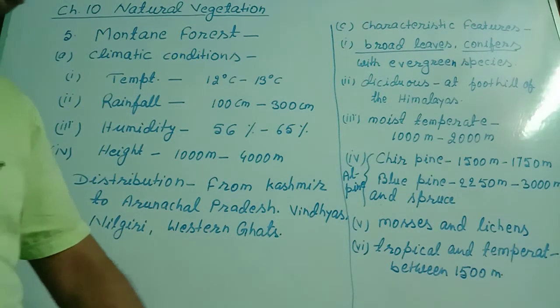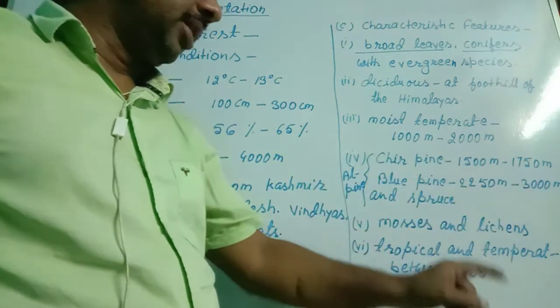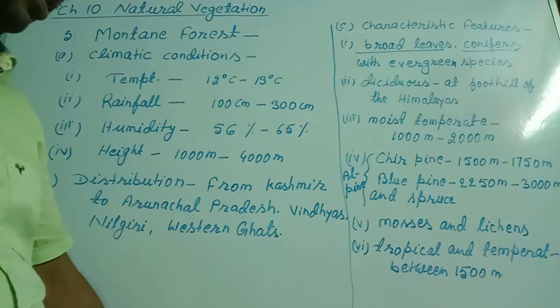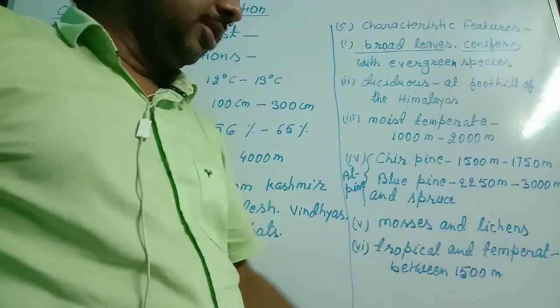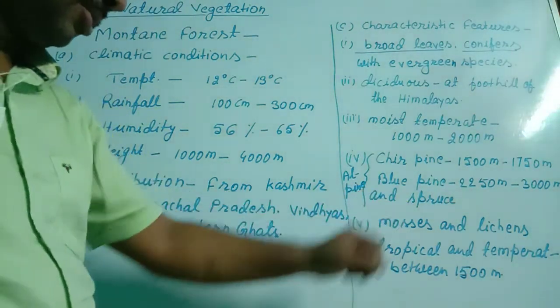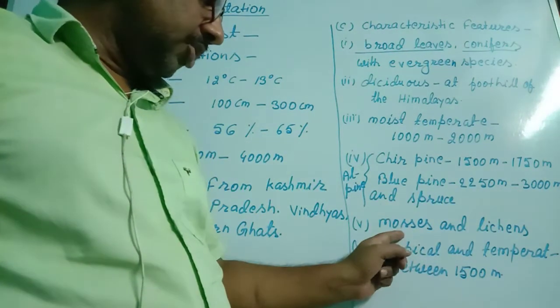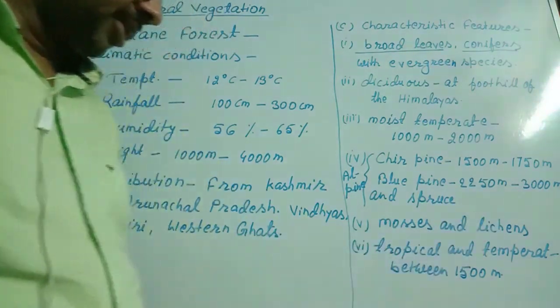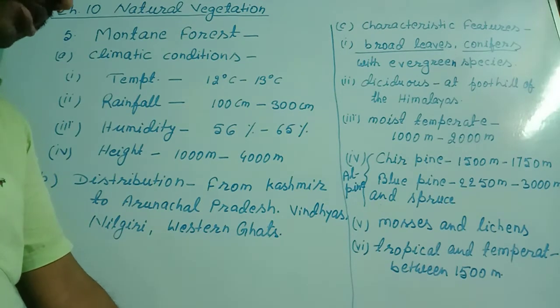The alpine found between 1500 to 1750 meter is the chir pine. The alpine found between 2250 to 3000 meter is blue pine and spruce. Above 3000 meter, mosses and lichens are present. These are not trees, these are grass-type structures, mosses and lichens.